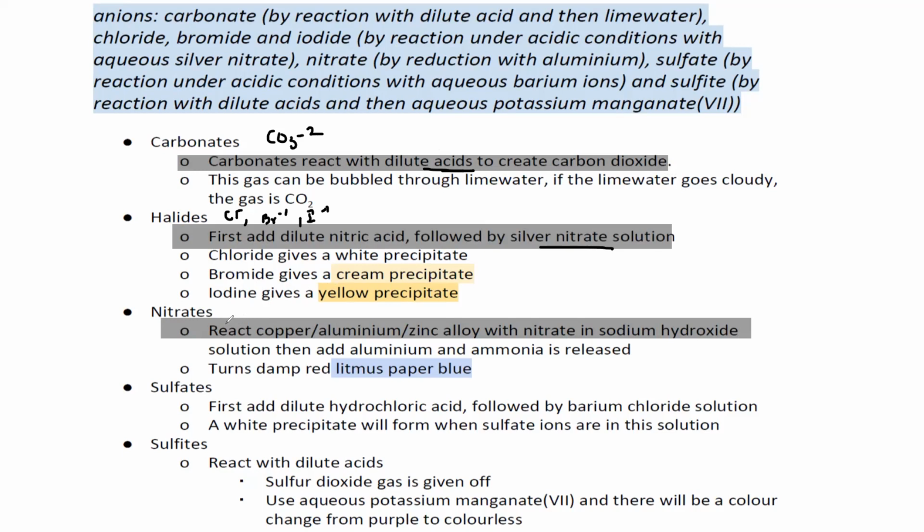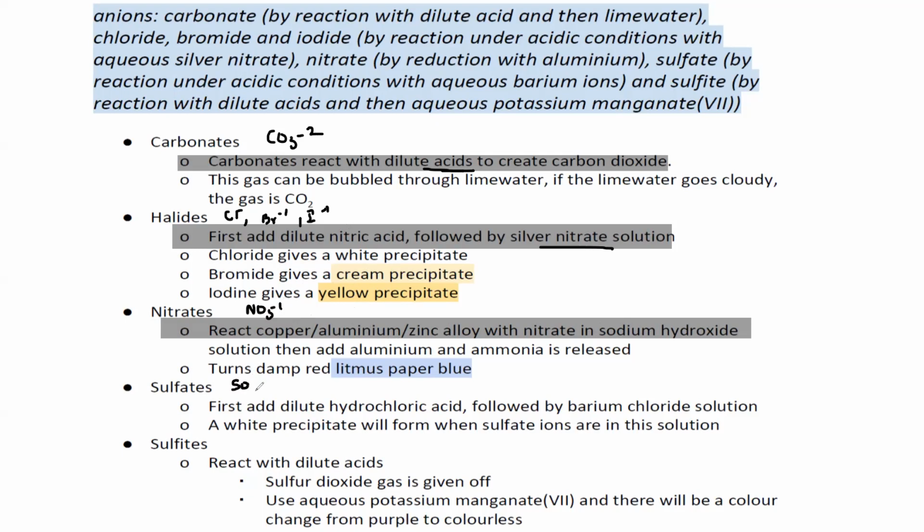For nitrate, we react with aluminum, zinc or copper and then add sodium hydroxide. When we heat it, we observe a pungent gas is released which turns red litmus blue. This is the test for nitrate ion.